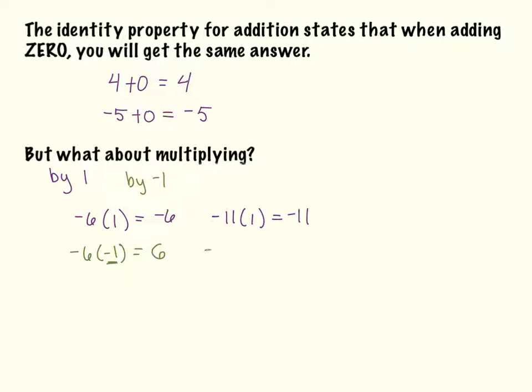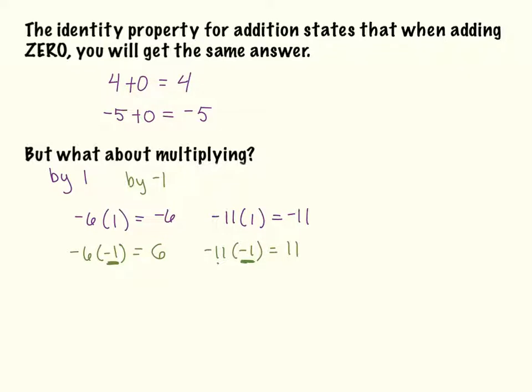The same thing goes with negative 11. If we multiply that by a negative 1, well, we end up getting a positive 11. So the negative 1 does not allow the negative 11 to keep its true identity. That negative 11 changes to a positive. So therefore, the negative 11 loses its identity and becomes positive. So negative 1 is not affiliated with the multiplication identity.